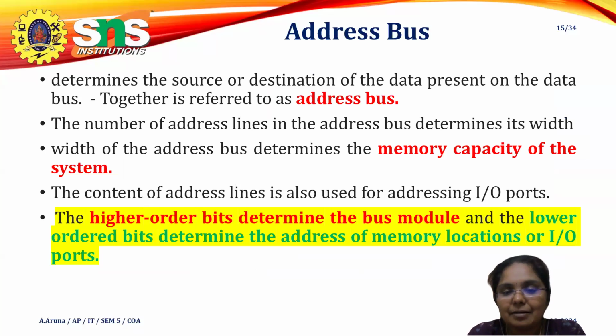The width of the address bus also determines the memory capacity, so your memory capacity is determined based on how many lines are present inside your address bus. The content of the address lines is used for addressing IO ports. Higher order bits determine the bus module, and the lower order bits determine the address of the memory location or any other IO ports.